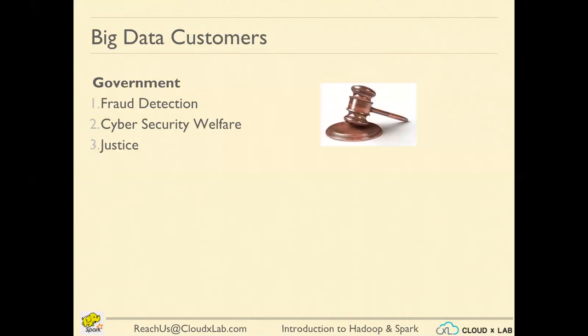Similarly, cybersecurity warfare can be predicted, and we can detect patterns in the data if we have enough data. The third one is justice. In justice also, we use big data to get insights or sentiments from various text.